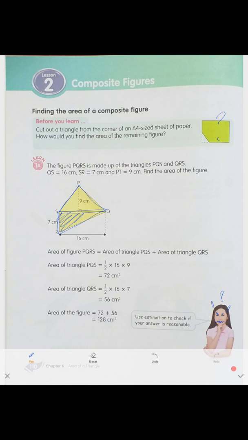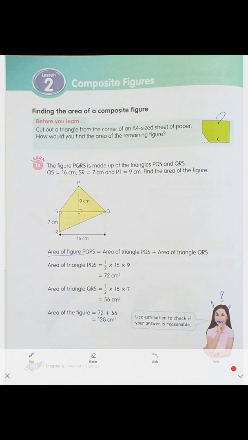You can see your right triangle and another triangle, your triangle PQS, and your other triangle, this one. Everything is simple. In the previous lesson, we learned how to find the area of a triangle. So if you mastered that concept, you shouldn't have any problem with that.